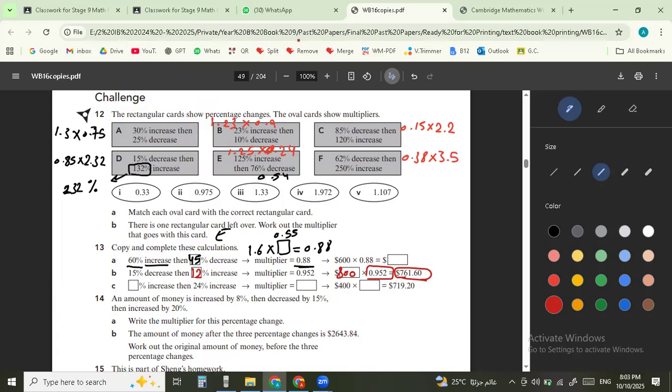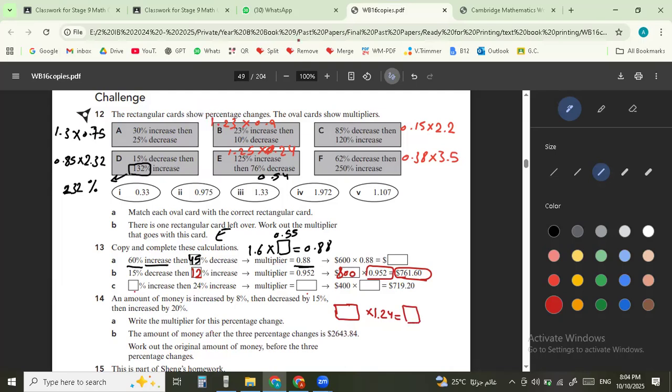Here it means that we need to work backwards. I cannot find this because the multiplier is missing. If you ask me what percent increase, I don't know it. The multiplier of this times the 24% increase, I know the multiplier of this. It's 1.24 equals something that is unknown.